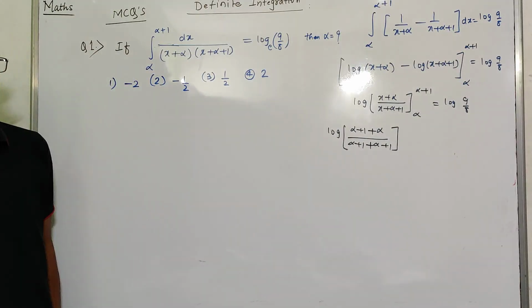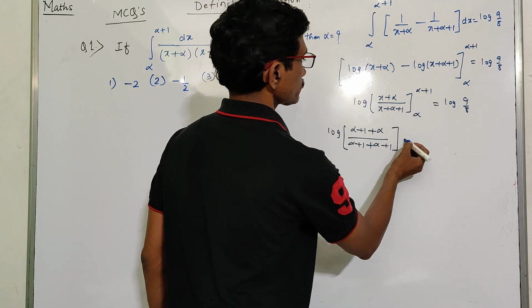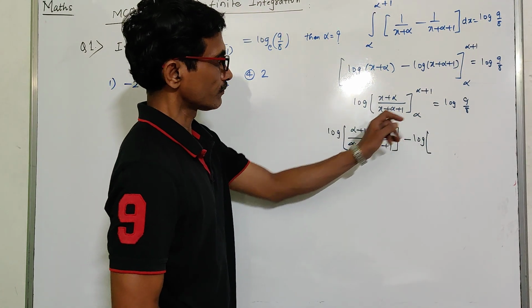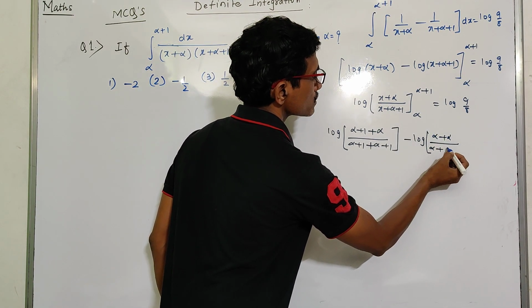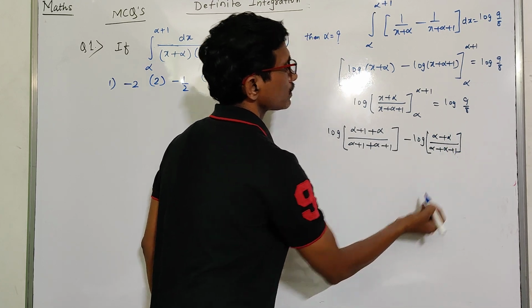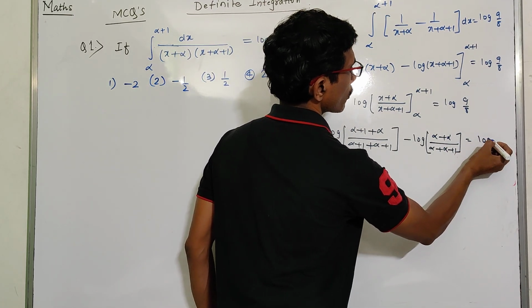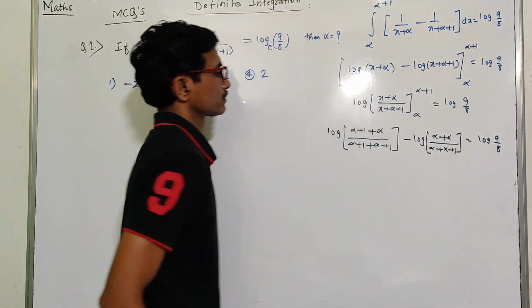This is upper limit minus lower limit. Lower limit is alpha, so alpha plus alpha plus 1. Right hand side log of 9 by 8.